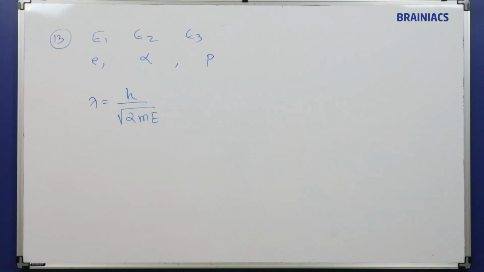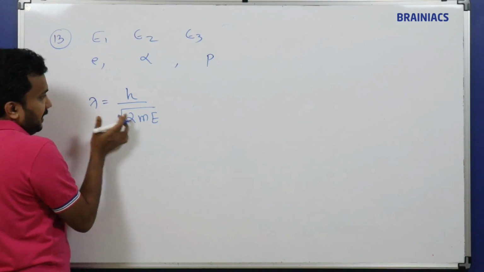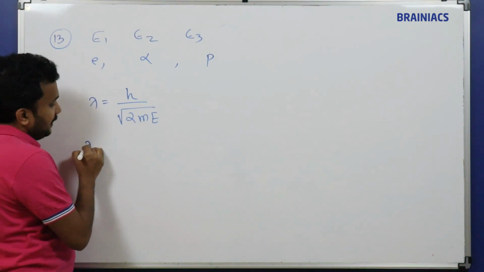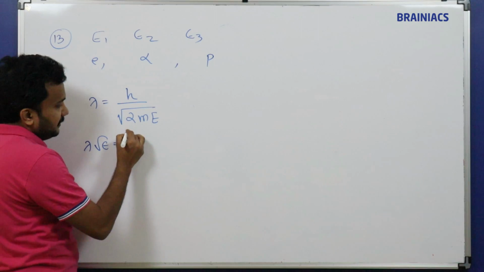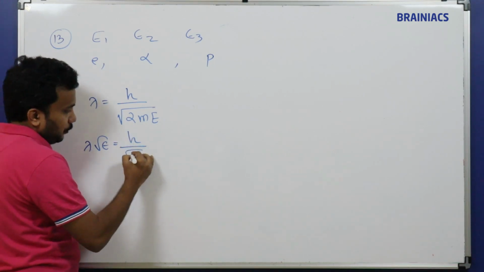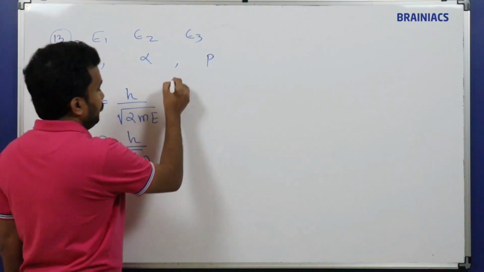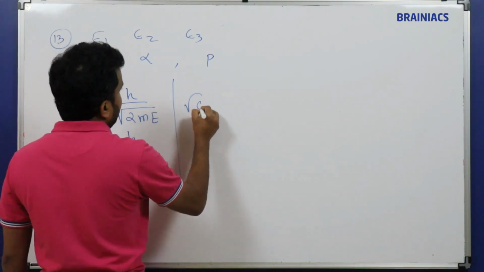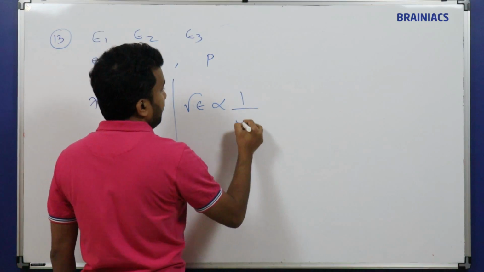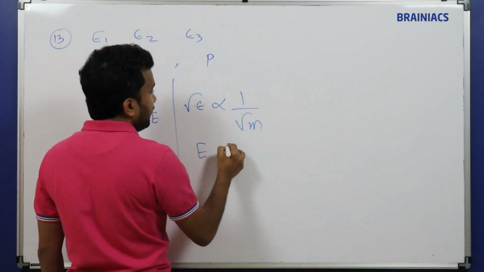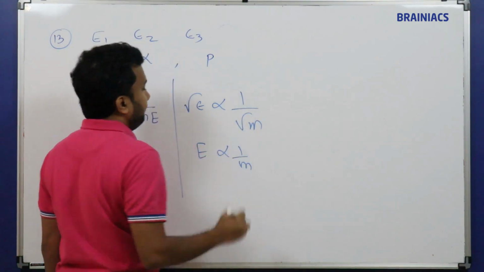So lambda will be the same, but energy and mass are in which relation? If I take E to the other side, I can say lambda root E is equal to h divided by root 2m. This is correct, right? So root E is proportional to 1 by root m. If I am squaring both sides, E is proportional to 1 by m.